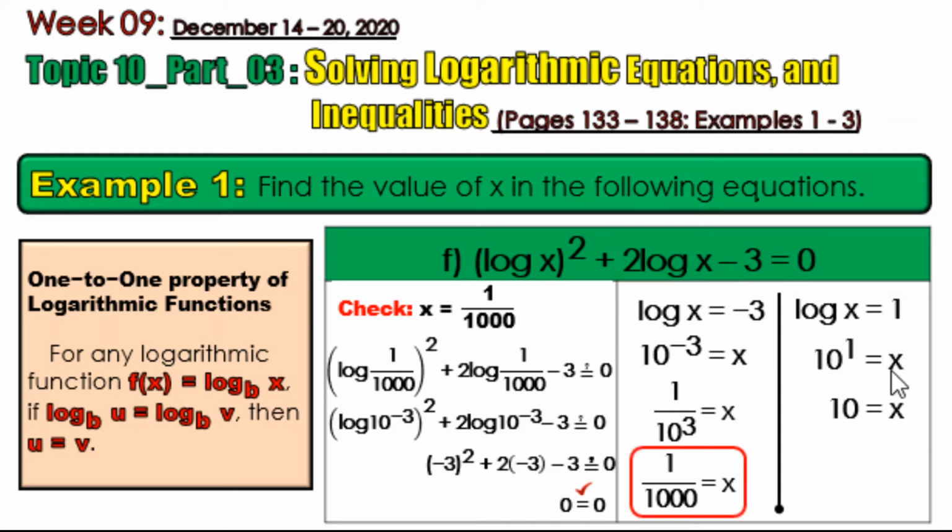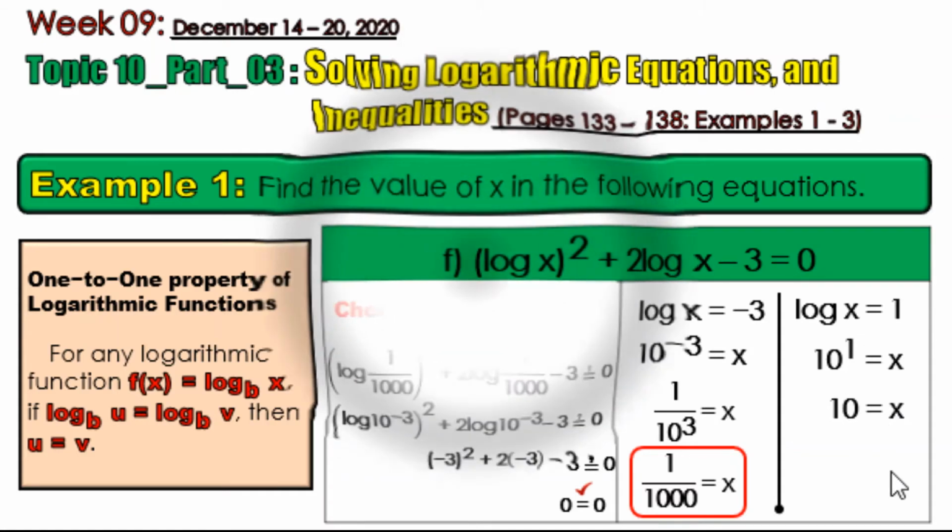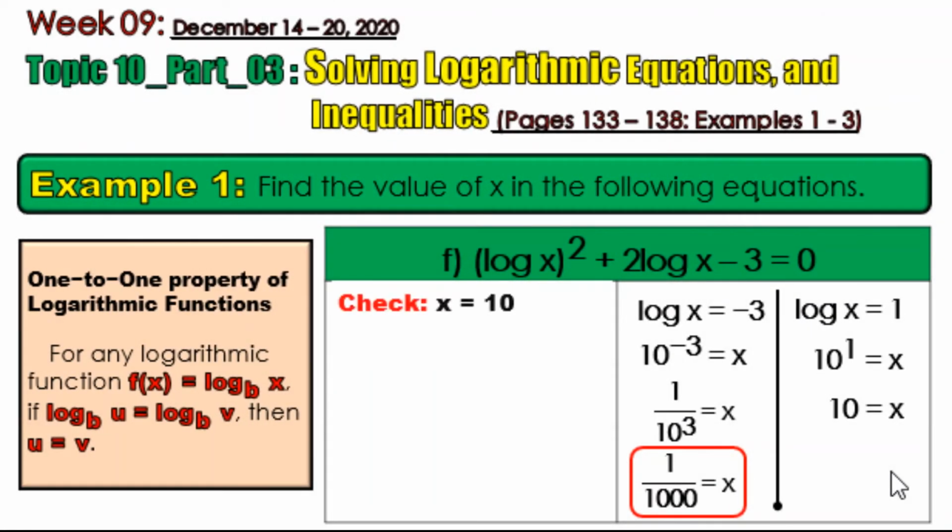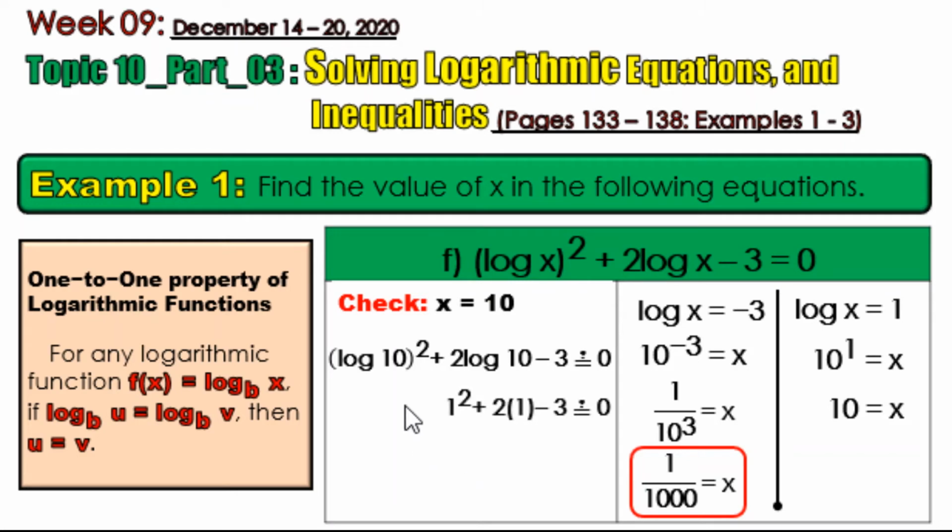How about if the value of x is equal to 10? Let us check. Substitute 10 as the value of x. We know that the base is 10, so the value of logarithm of 10 is 1.